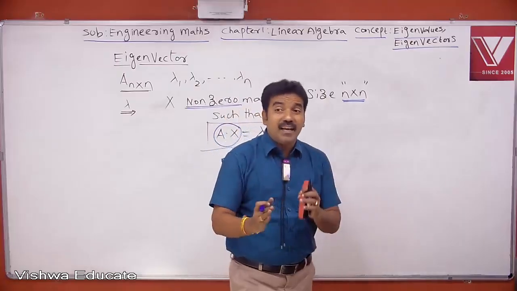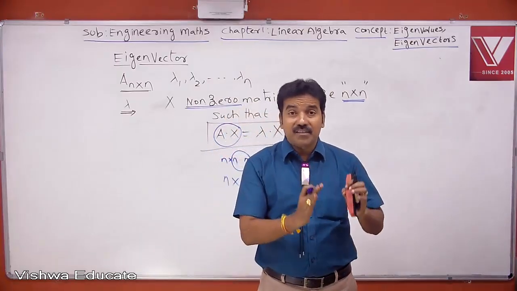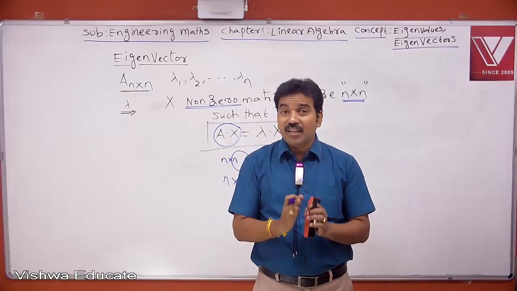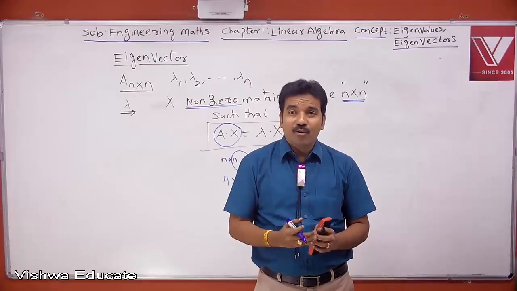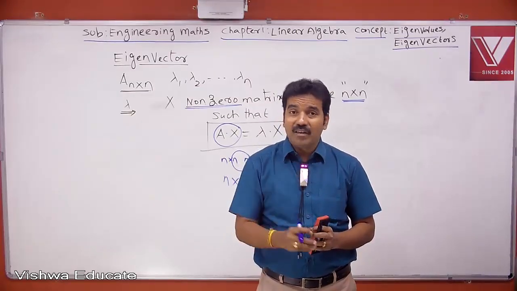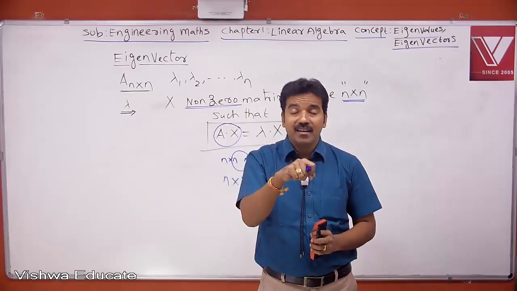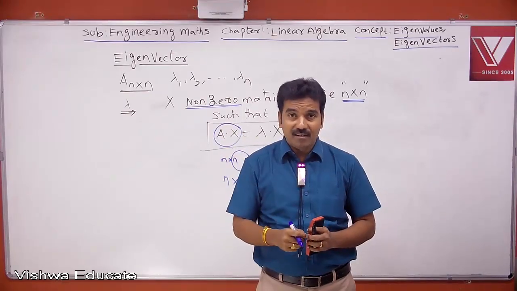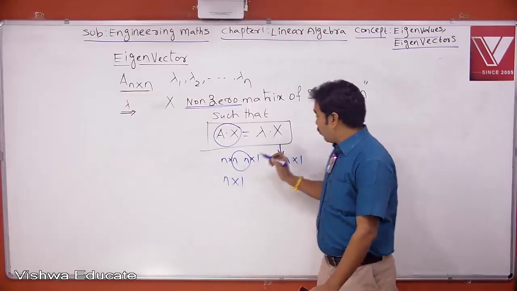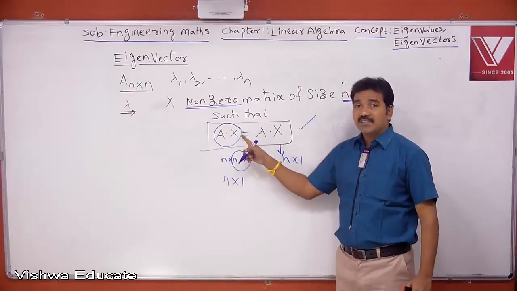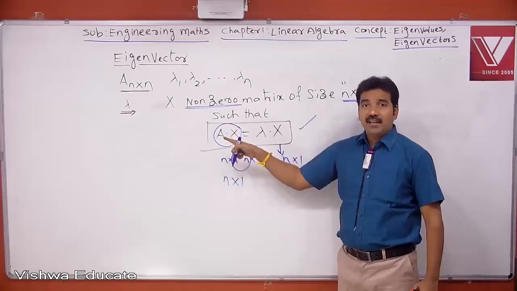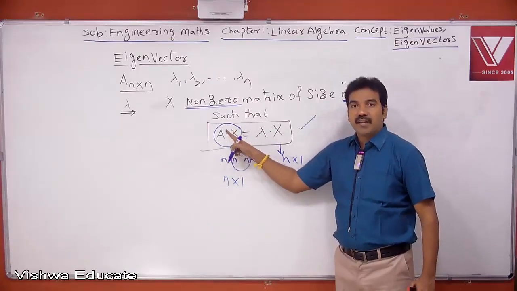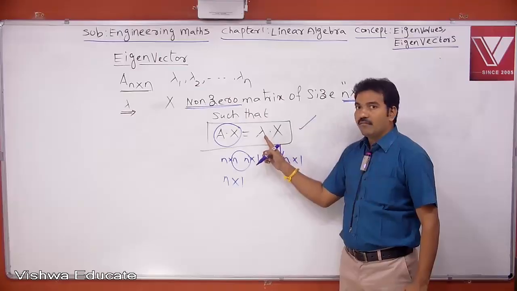Because when you change eigenvalues, the matrix A is fixed, but the X values will change. So whenever I say this is an eigenvector, I must specify very clearly with respect to which eigenvalue. Therefore, X is called an eigenvector of capital A with respect to an eigenvalue lambda.